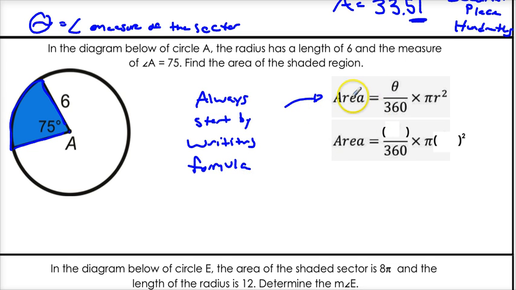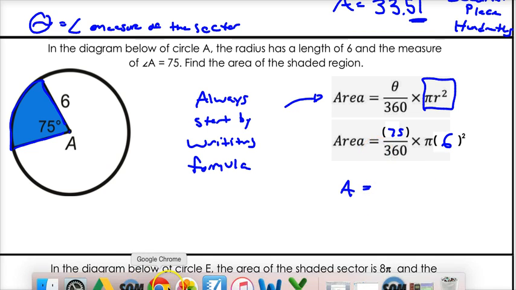So the area of a sector is the degrees over 360 times pi r squared, which is the area formula. What we do is we just plug in what we know. So it's 75 degrees over 360 times pi times the radius squared. All right, let's put this into our calculator. So we pull up our calculator.